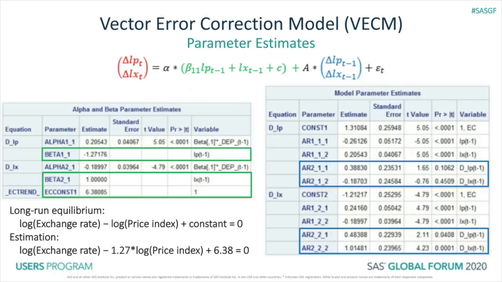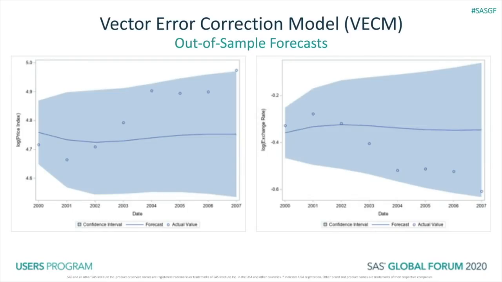As shown here, the estimated result is in the green boxes, where we catch the long-run relationship, and in the blue boxes, we catch the short-run relationship. So in the vector error correction model, we get both of them. And here is the out-of-sample forecast. It's pretty good.